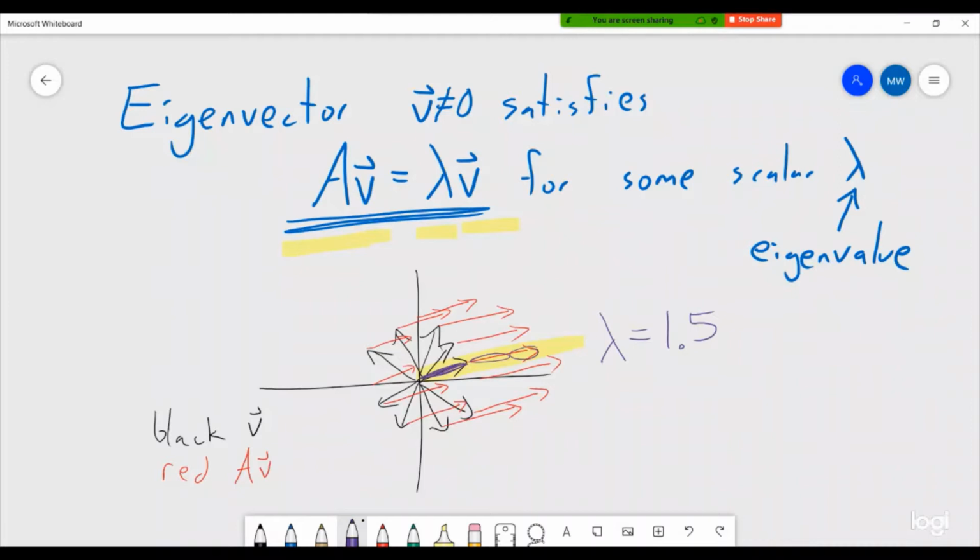The reason we care about them is because it's easier to multiply a vector by a scalar than to do matrix vector multiplication. For a scalar, there's just one quick calculation, whereas with matrix multiplication, you have a whole bunch of different calculations.